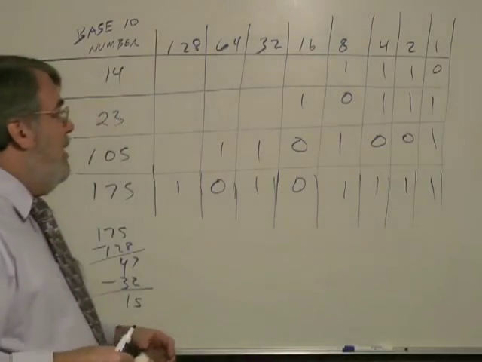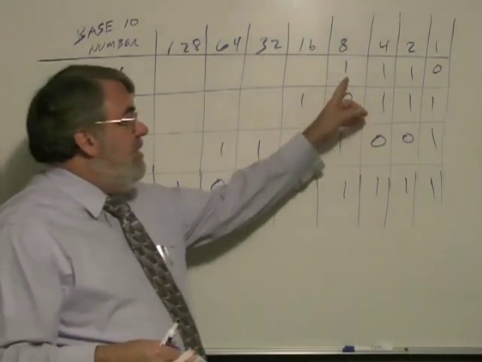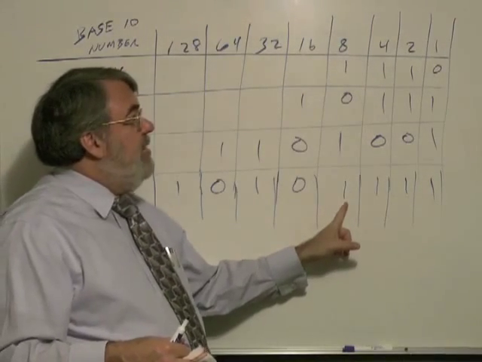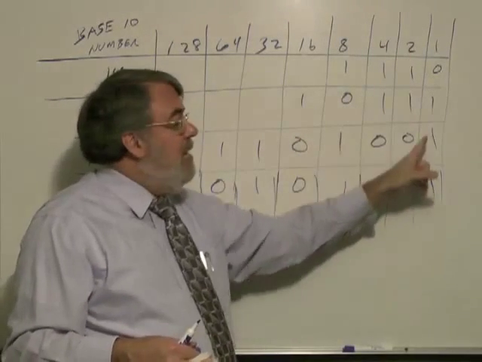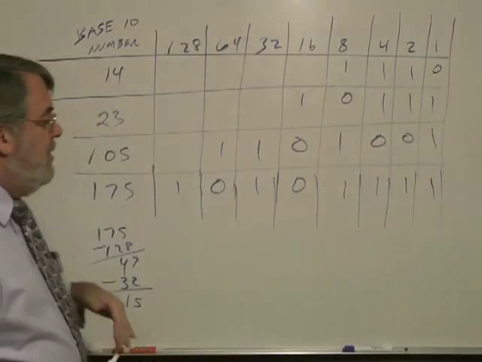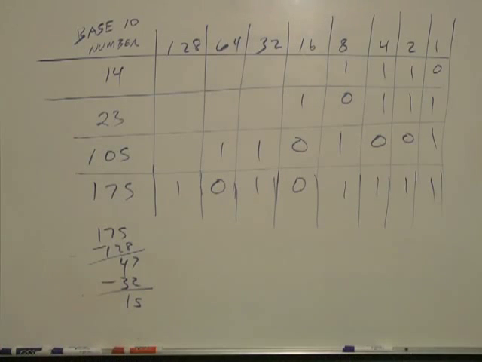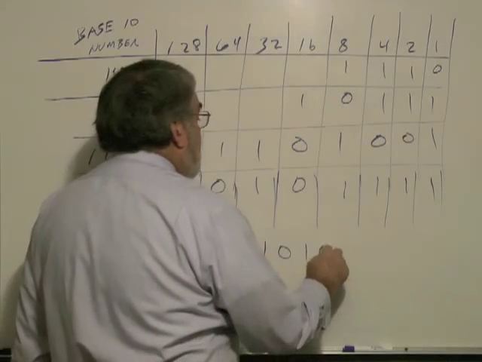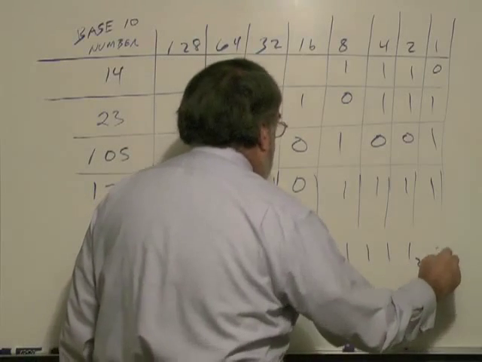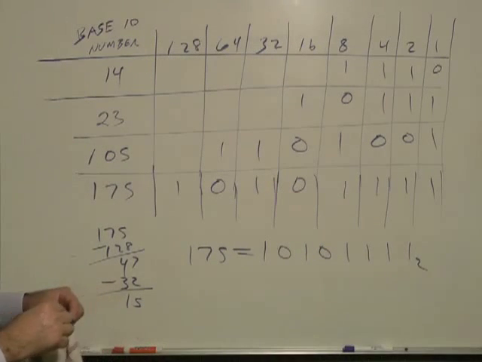But you can do that piecemeal. 15 minus 8 is 7. 7 minus 4 is 3. 3 minus 2 is 1. And then 1 minus 1 is 0. So you can continue to work through that if you like. And 175 then is going to be 10101111 base 2. And there you have it.